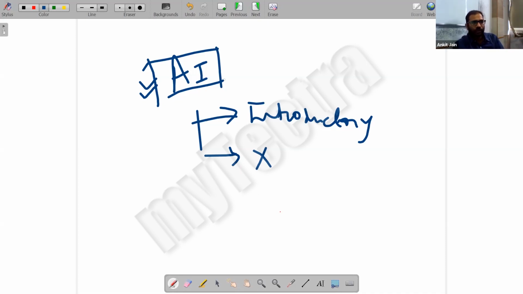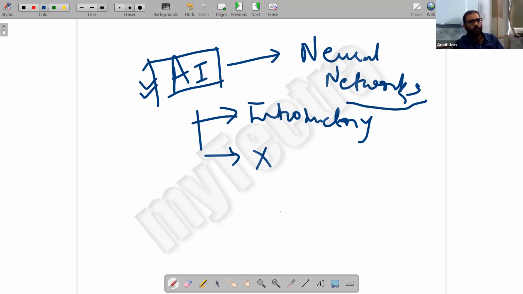Okay, so in these classes, I will first give you in-depth understanding of neural networks. That will be the takeaway for all these classes. Neural networks. I will give you this. Okay. I will give you what is the state of the art. State of the art means what? What is happening in the AI world. Okay.